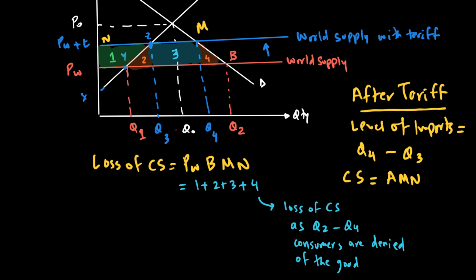And we call it a deadweight loss because this area isn't going to anyone. So area 4 doesn't go to either consumer or producer, and that's why I'm going to call it deadweight loss.